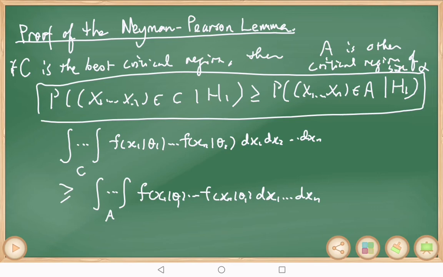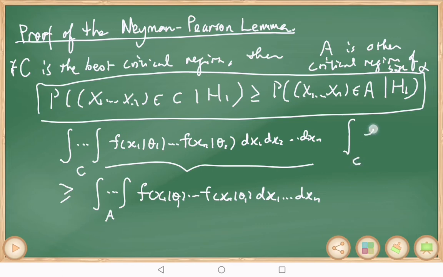If you have a discrete random variable, then you simply replace the multiple integral with the multiple summation, and the probability density function is replaced by the probability mass function. Now, to make this easy to write notationally, this is equivalent to using one integral notation.